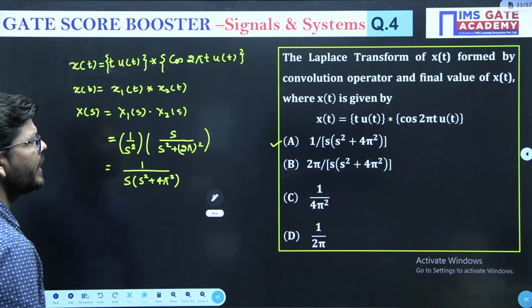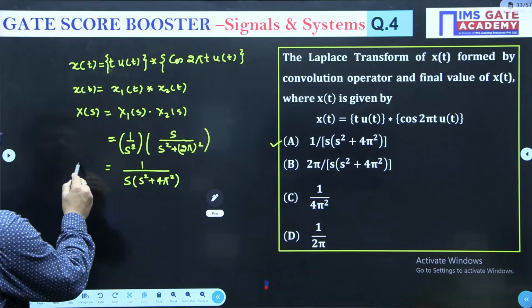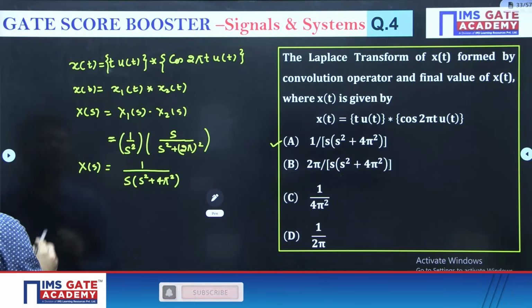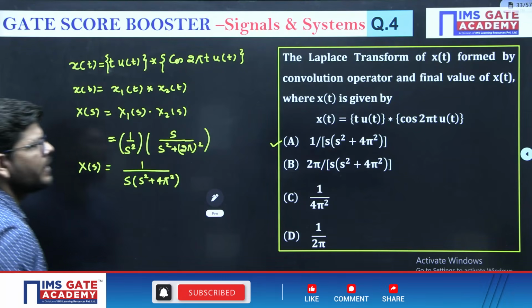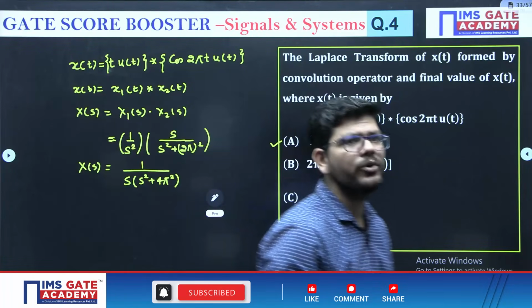Okay, then we have to find the final value also, right? So for the final value, now you can apply the final value theorem here.